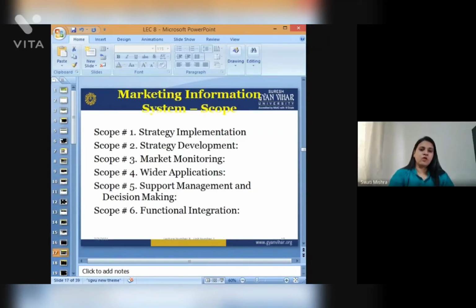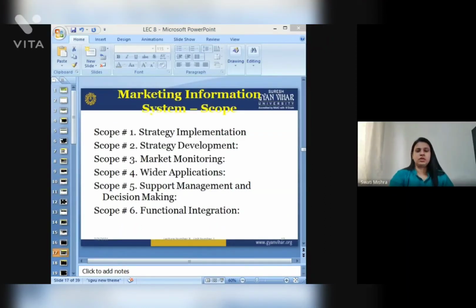So now moving ahead with the marketing information system, as I told you, it is an integrated combination of information processing and analysis, the equipment and the tools, software as well as hardware, and of course the information specialists who analyze and interpret the collected information and provide it to the decision makers to serve their analysis, planning and control needs.